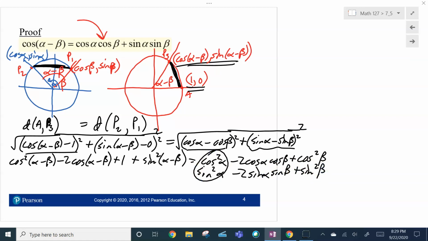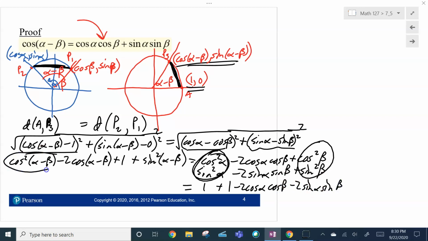Now notice that's 1, that's 1, and then I've got this minus 2 cosine alpha cosine beta minus 2 sine alpha sine beta. Over here, notice I have cosine squared alpha minus beta plus sine squared alpha minus beta.